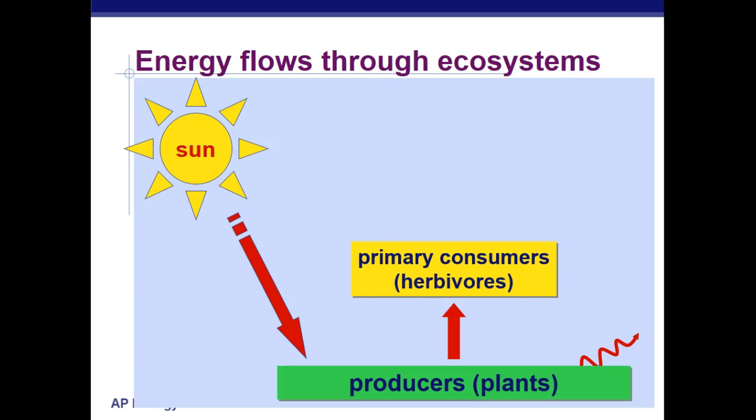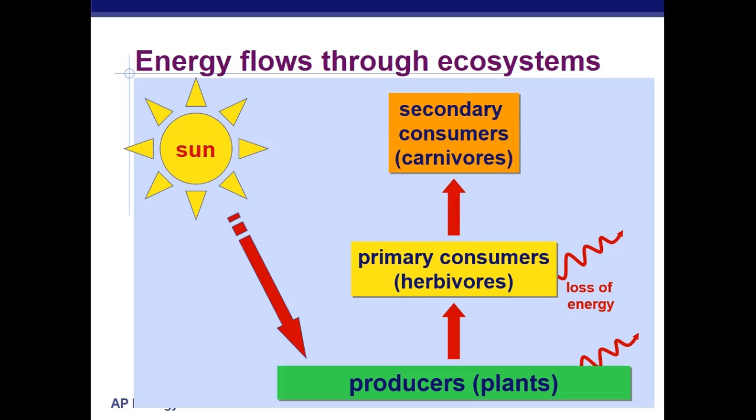Now, primary consumers, your herbivores, feed on the bodies of these producers and incorporate their nutrients and their stored energy in order to run their own bodies. But part of that transfer involves a loss of energy as heat. There can be secondary consumers, we call these carnivores, who feed on the primary consumers, the herbivores, incorporating their nutrients and their stored energy, but in the process of transfer, some of that energy gets lost as heat.